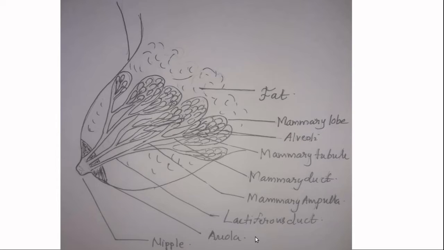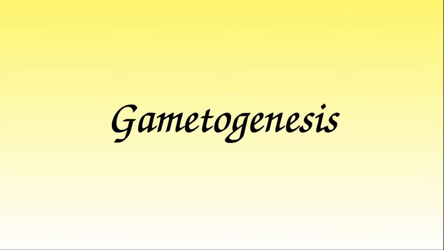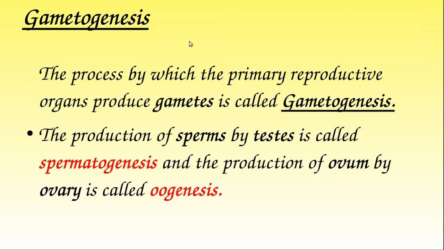It is an important topic, that is gametogenesis. You have already learned about various stages of human reproduction, and they are gametogenesis, insemination, fertilization, then implantation, gestation, and parturition.